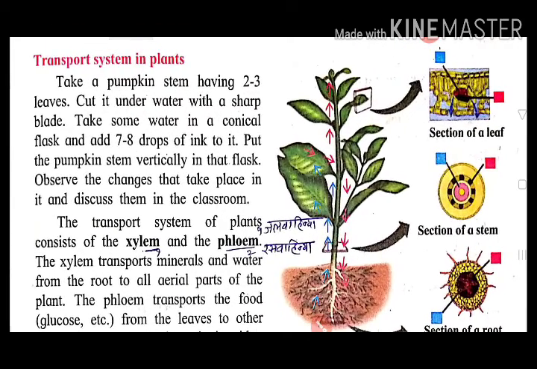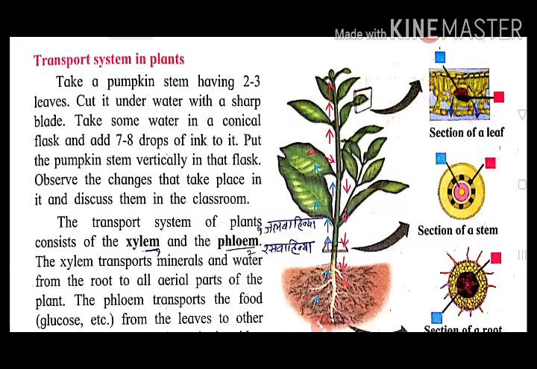Firstly, how to do that activity? See, take a conical flask or glass and fill it more than half with water. Add 7 to 8 drops of ink. We use ink as an indicator.